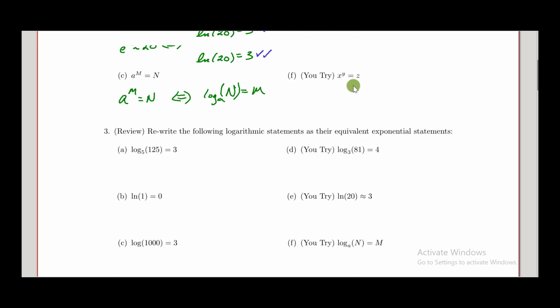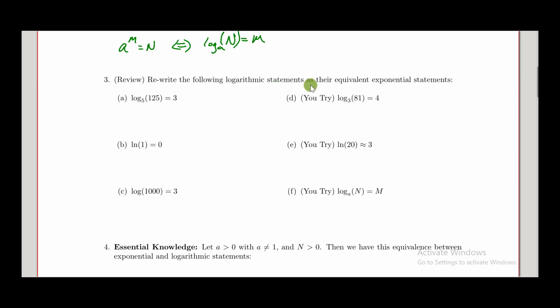Now what we'd like to do is let's review rewriting logarithmic statements into their equivalent exponential statements. So in this case, we've got the log base 5 of 125 is equal to 3. That's a true statement, that's a true fact, and its equivalent exponential fact is that 5 to the third power is equal to 125.